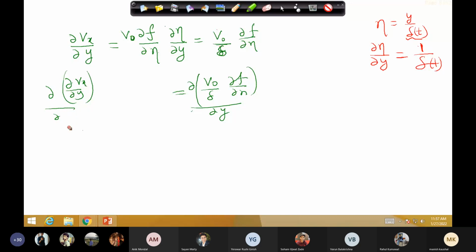So this is fine, you can keep it at least here. I can always write this as dou eta by dou y. If you have any confusion in any step, you can stop me. Right. So what will come out of this derivative, anyone? Rakshit?